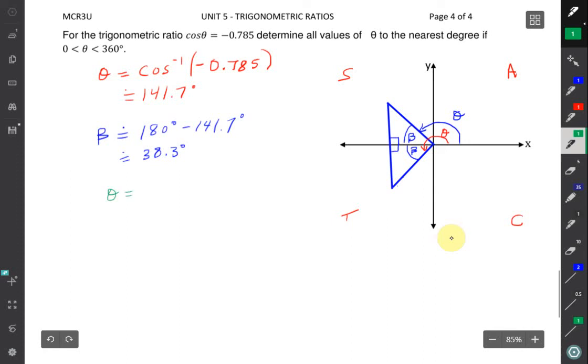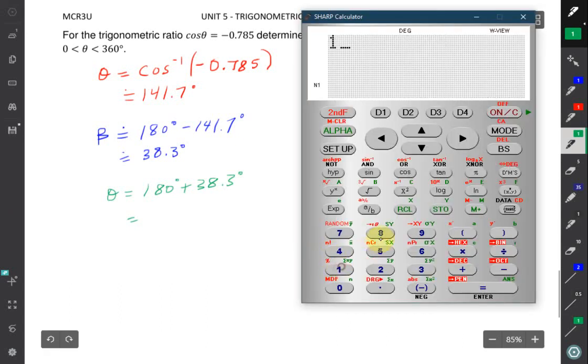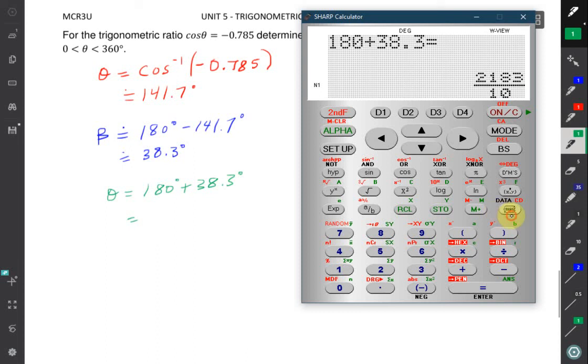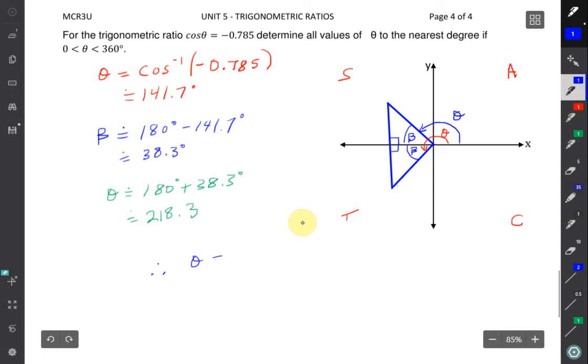So theta is also equal to 180 plus 38.3, which equals 218.3. Therefore, theta equals 141.7 degrees or 218.3 degrees.